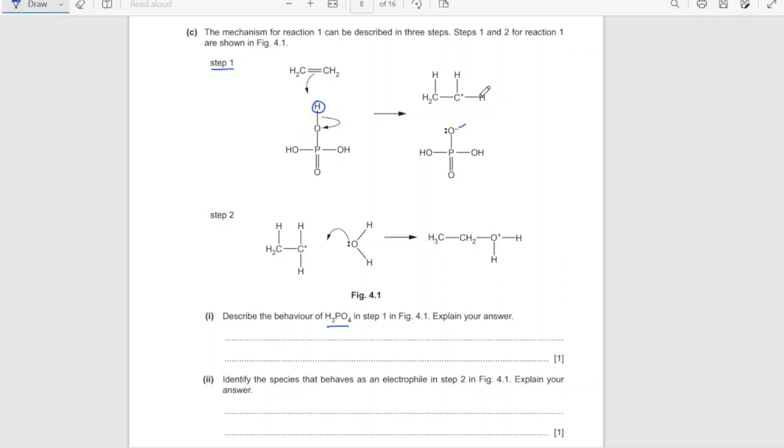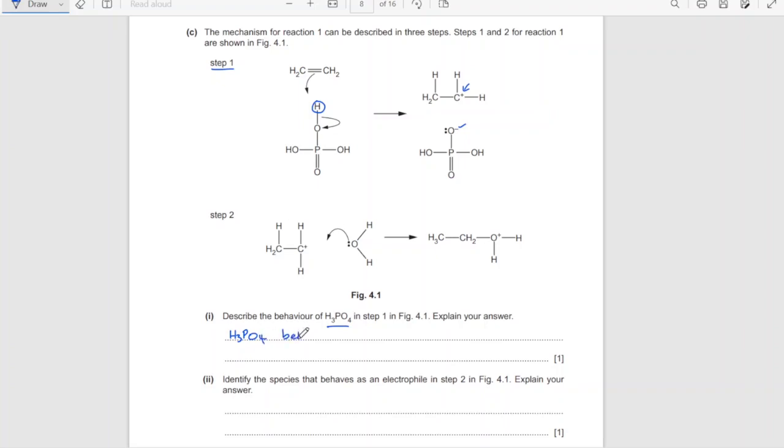All right, and the hydrogen is bonded to the ethene, and it makes a carbocation over here. Now the thing is that the phosphoric acid, we know it's an acid, and we know the definition of an acid is a proton donor. And that's exactly what it's doing over here. It's donating one of its protons to ethene. So we will say that it behaves as an acid.